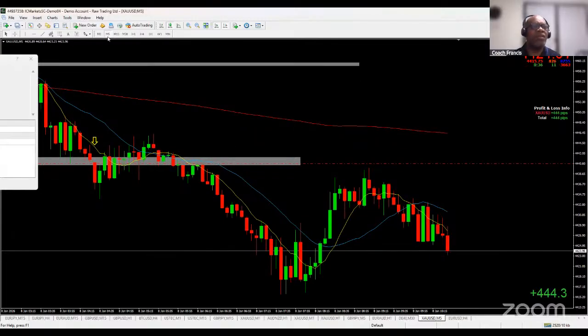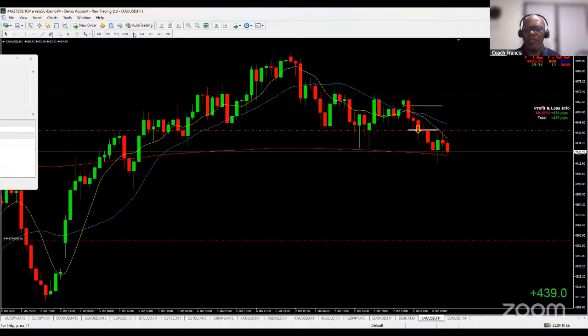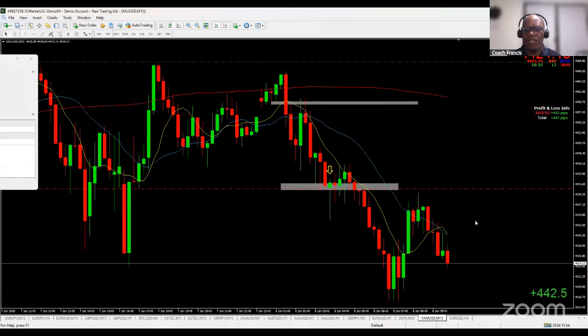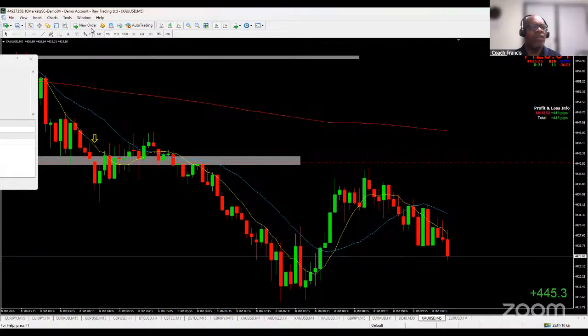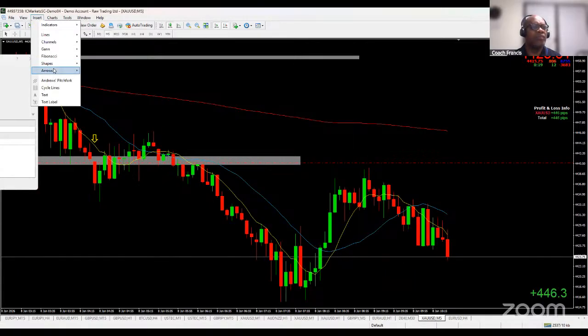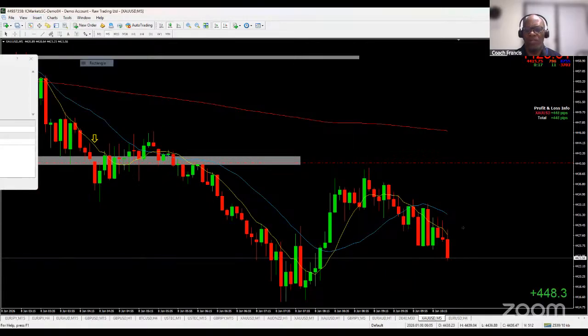We'll be able to enter this gold trade for a sell and place our stop loss. So hang in there, guys. And place our stop loss somewhere there.